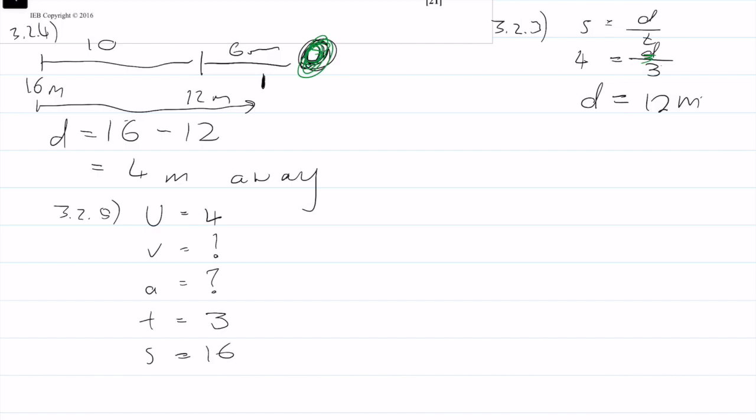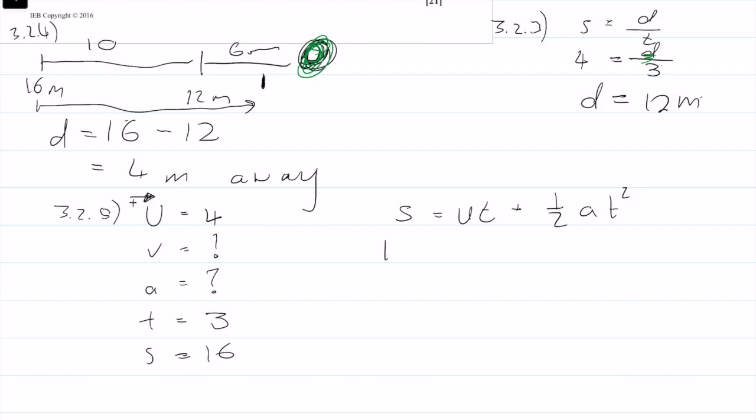Okay, now what equation can we use? We can use the equation s equals ut plus a half at squared. Okay, everything is happening in that one direction, so everything is positive. Yeah, I'm happy with that.